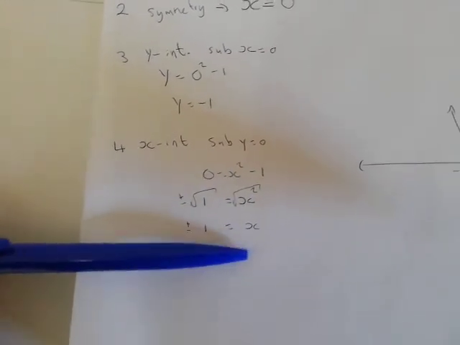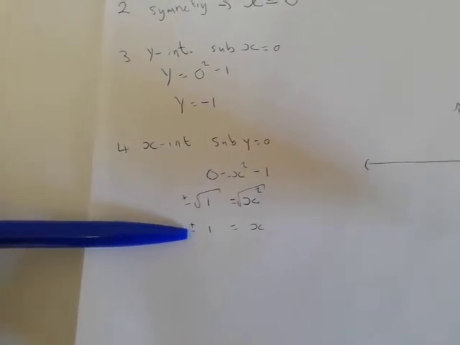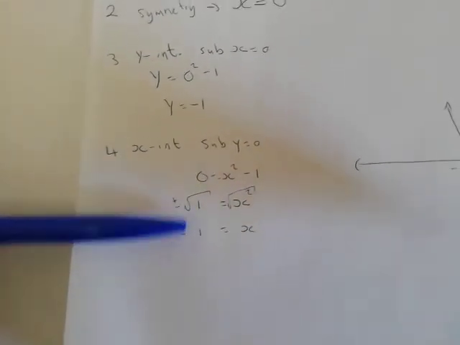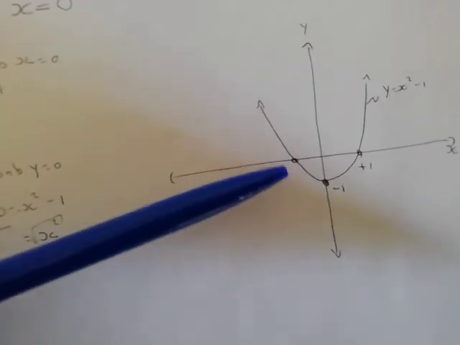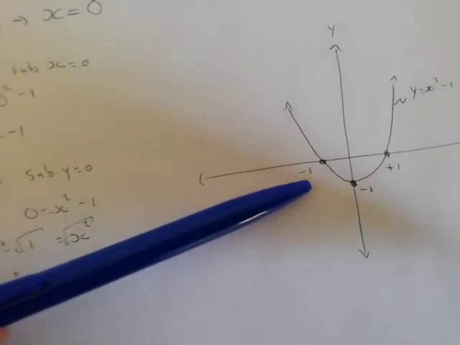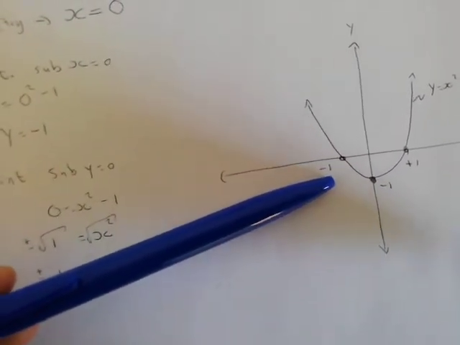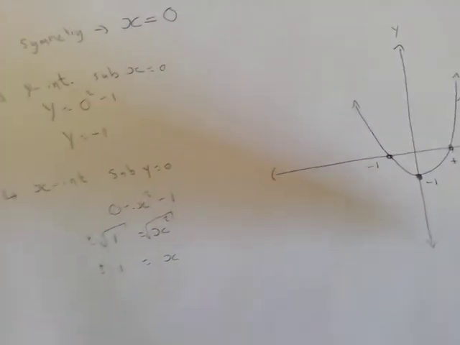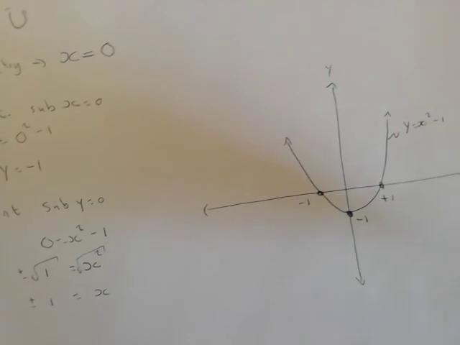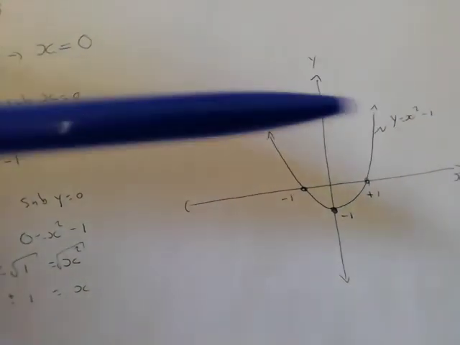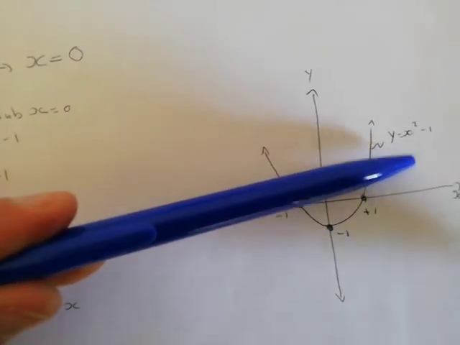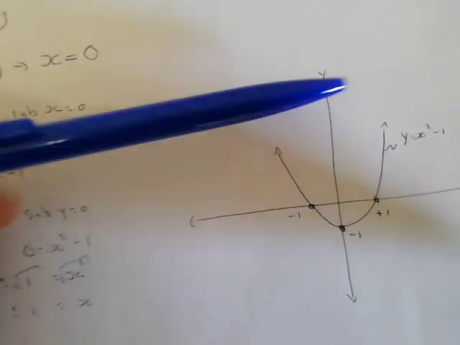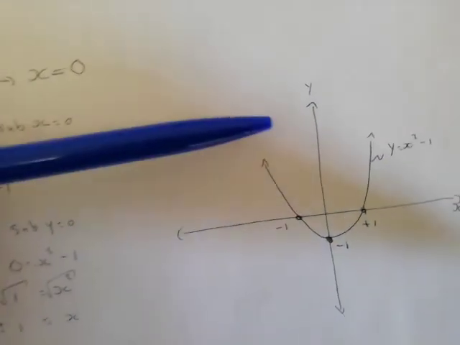So your x will be plus or minus 1. When you have that, you show it on the Cartesian plane: one x is negative 1, one x is positive 1. And then you simply draw your sketch. And remember to name it. You have to include what kind of sketch it is. So you have to say, this is for y equals x squared minus 1.